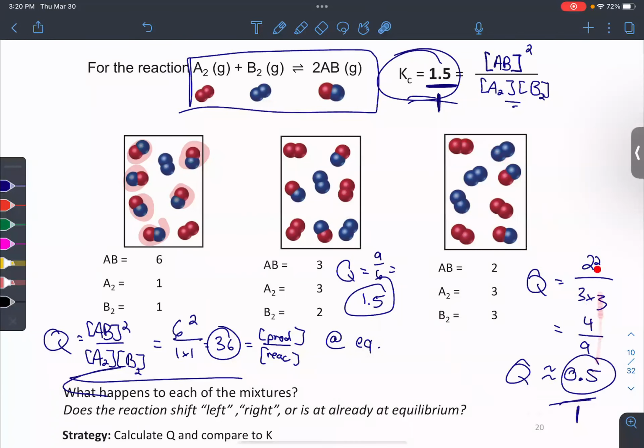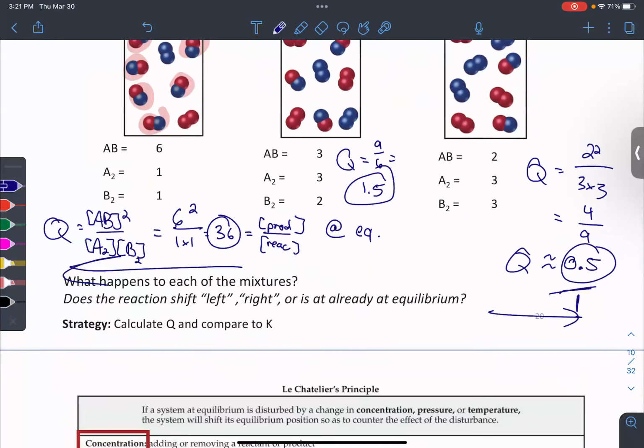So in this picture, I have too much what present? Reactants. If I have too much reactants, that makes a small Q. So this reaction has to shift in what direction to achieve K? Forward. Yeah, if I make more products, it'll make Q bigger and push toward the product side. So that's based upon those pictures. We just used Q to predict which way the reaction shifts. All right, so that's Q.